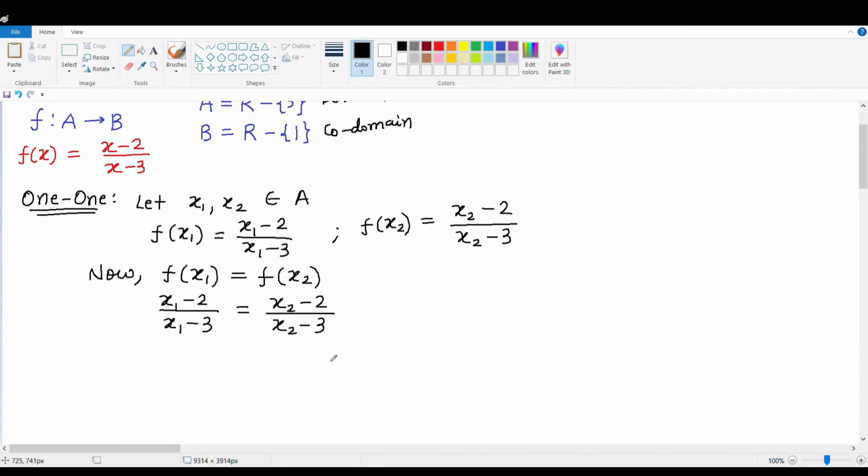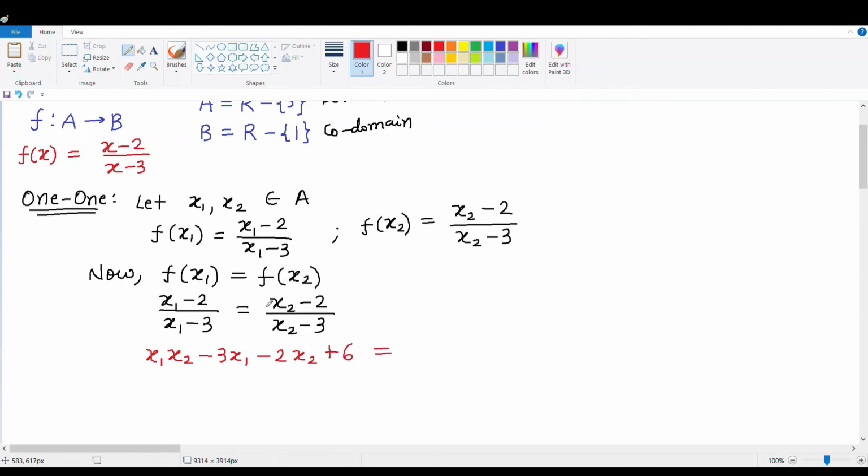Now we need to do cross multiplication. From this to this I am going to multiply, from this to this I am going to multiply, just cross multiplication, right? So if we cross multiply, x1 times x2, so I get x1x2, then x1 times negative 3, so negative 3x1, then negative 2 times x2, so negative 2x2, and then negative 2 times negative 3, so positive 6.